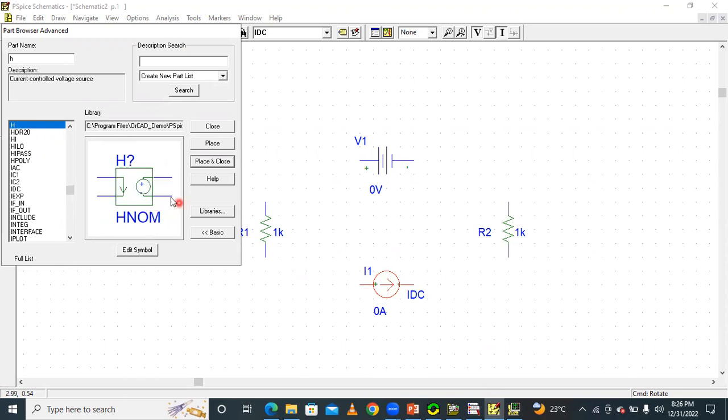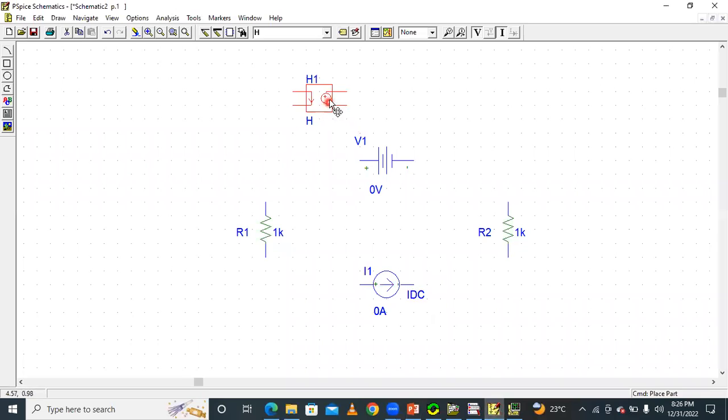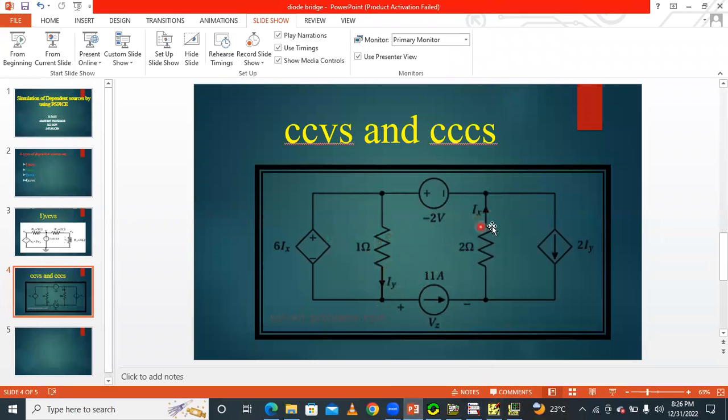H is a voltage source that depends on current. That's why you have to take it like this. This plus minus is the voltage source, and it depends on the current flowing through this resistor.